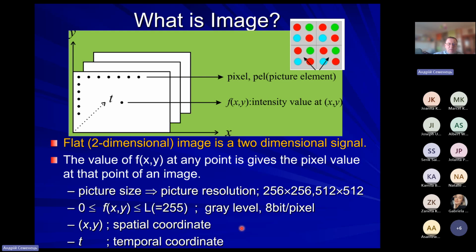And when we talk about a three-dimensional image, it means a sequence of two-dimensional images changing through time. So at this point, let's say we come to the mathematical idea of motion in a video.